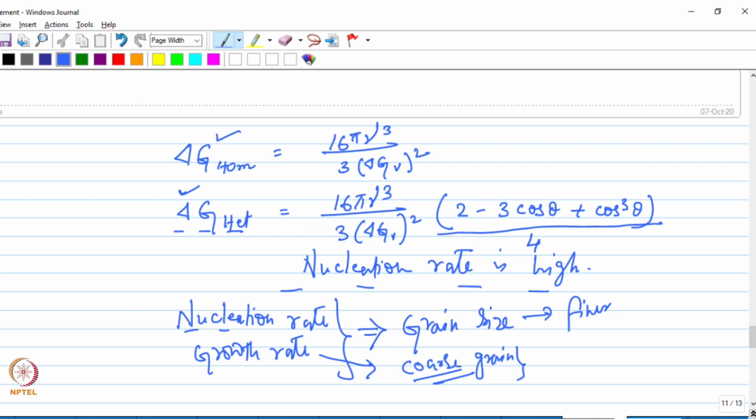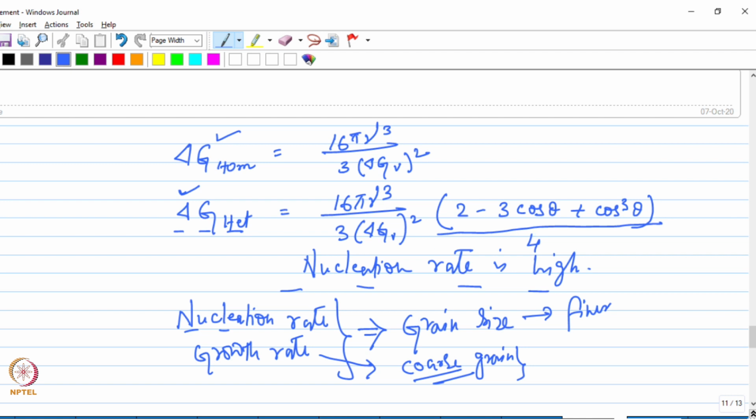Now the question would be how to create these heterogeneous sites. You do not know what is there in the liquid metal. It is all melted now, everything is in the liquid state, so we do not know what is inside, right? But at the same time we have to make sure that we have certain things which can act as preferential nucleation sites.